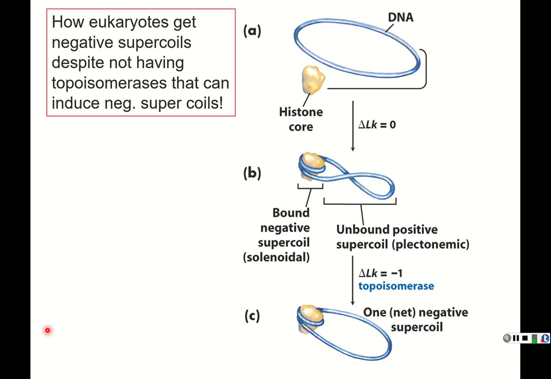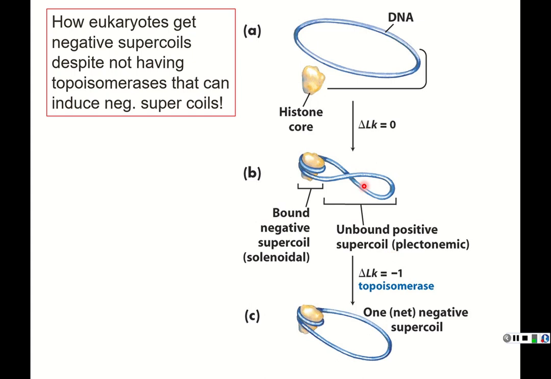How you actually get underwound DNA in a eukaryotic cell is depicted here. A histone protein, the DNA wraps around it in a negative supercoil. When it does that, it actually induces a positive supercoil on that unwound part.